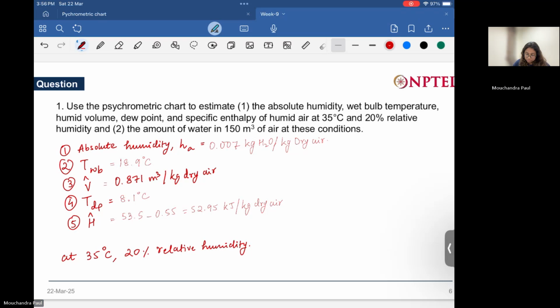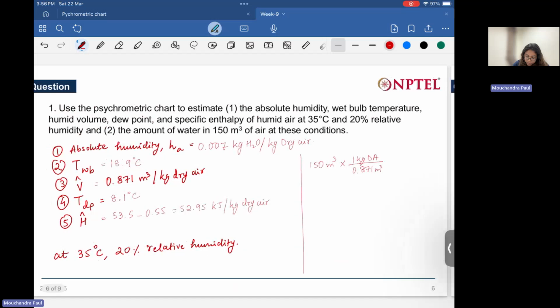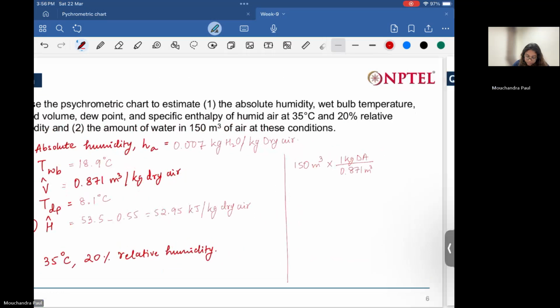So 150 meter cube of air is there, and per kg of dry air, which I'm shortening as dA, contains volume of air, water, sorry.